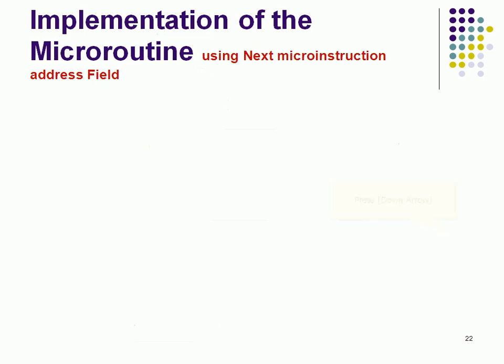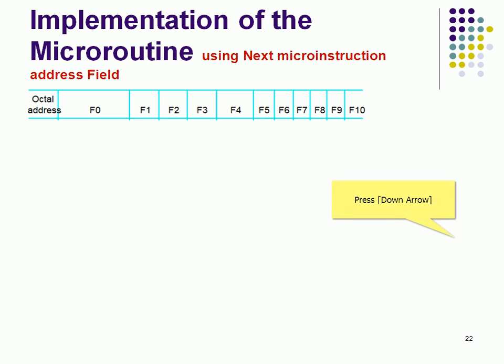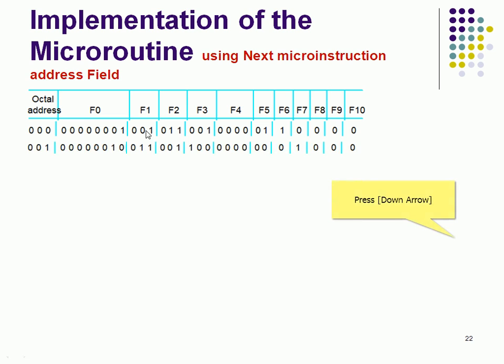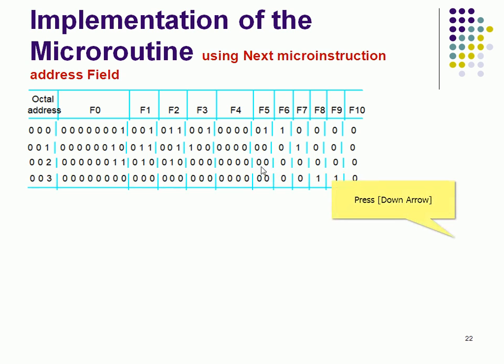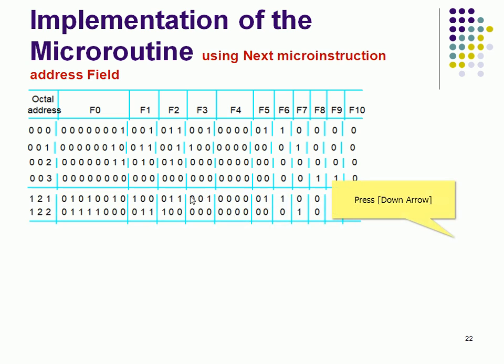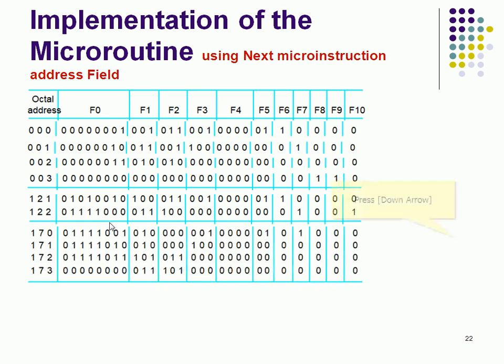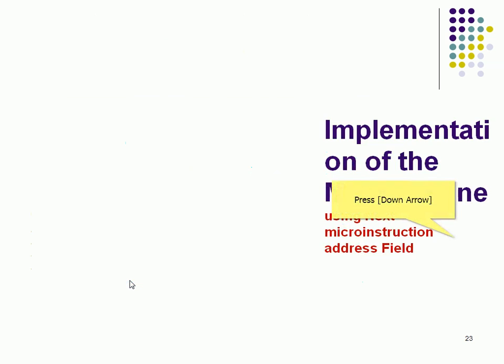So for the implementation of the micro routine using a next micro instruction address field, we have 0, 1, 2, 3, similarly 4th, 5th, and so on. So, the implementation of the micro routine using the next micro instruction address field.